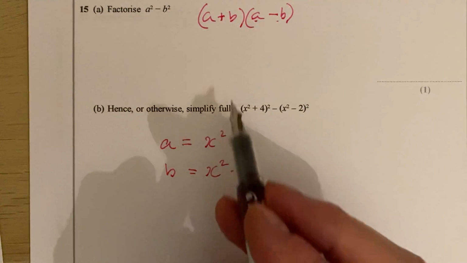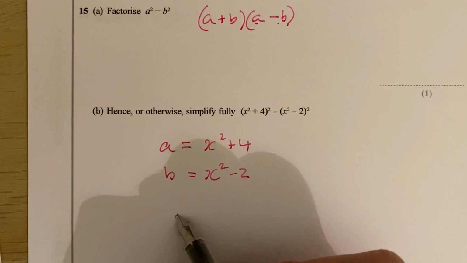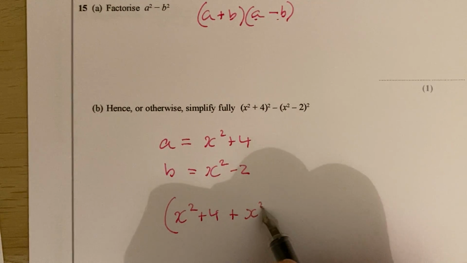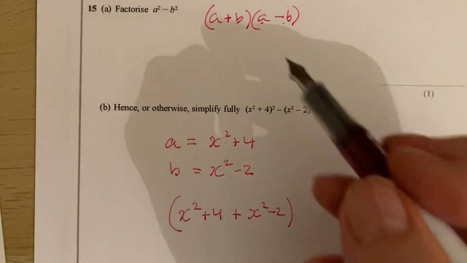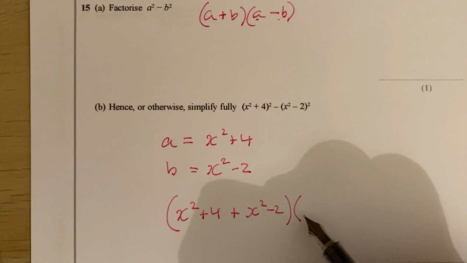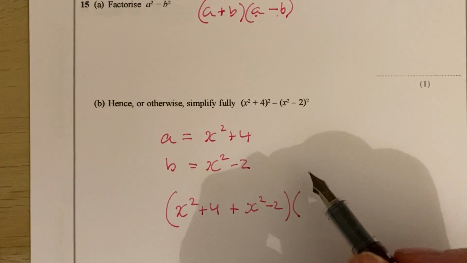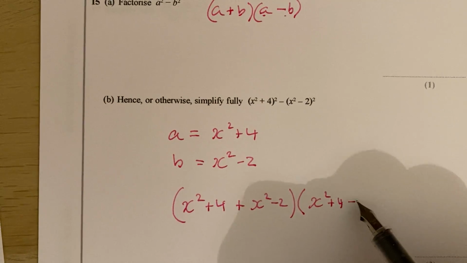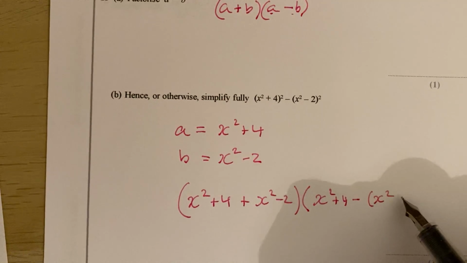So adding those two for that square, that's x squared plus 4 plus x squared minus 2 gives us that first bracket. And then here, it's x squared plus 4 minus x squared minus 2.